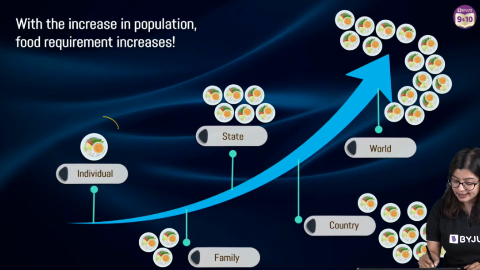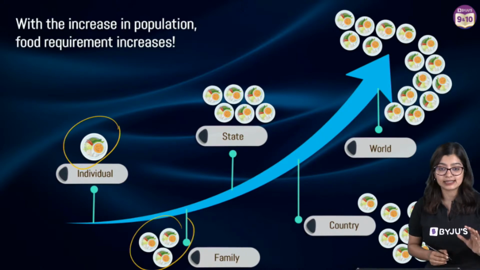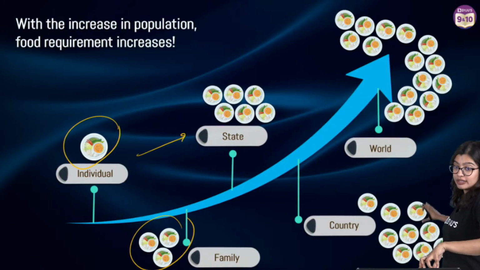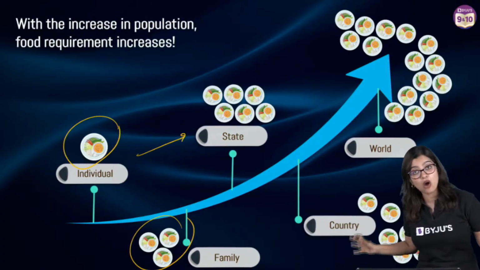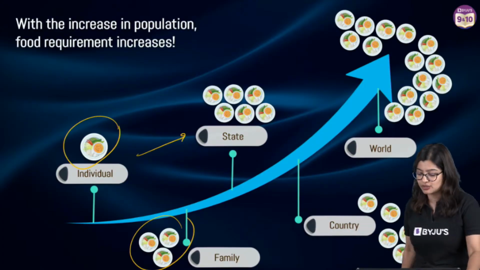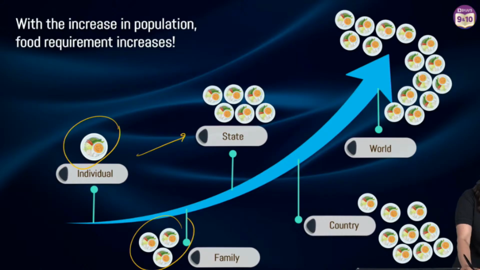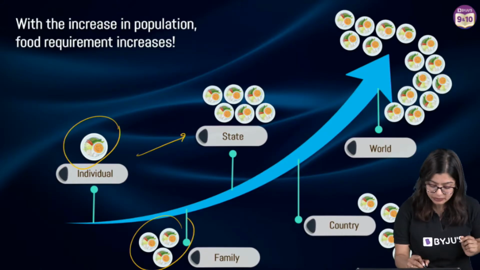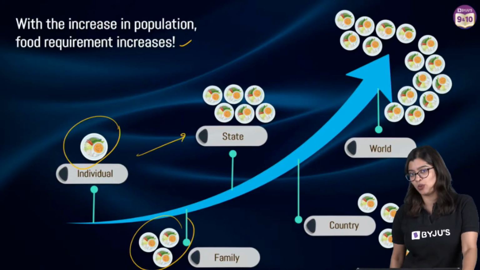So if this is how much food one person eats and this is how much a family eats over a period of time in a state or in a country or in the world, right? We see that there is a large amount of food that is being consumed, right? So as the population increases, there is an increasing demand for food as well.